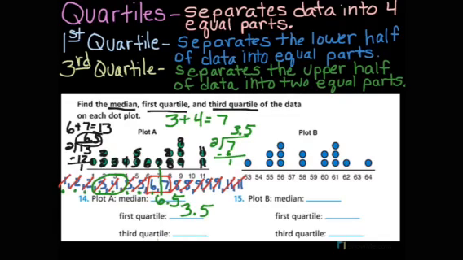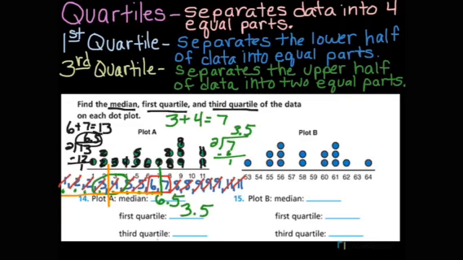So what this has done is it has separated our data into another chunk. So far we have 1 chunk, 2 chunks. We have 2 equal groups. Now we're going to look at our third quartile, which separates the upper half of our data into equal parts. So again, I already crossed these out with red.